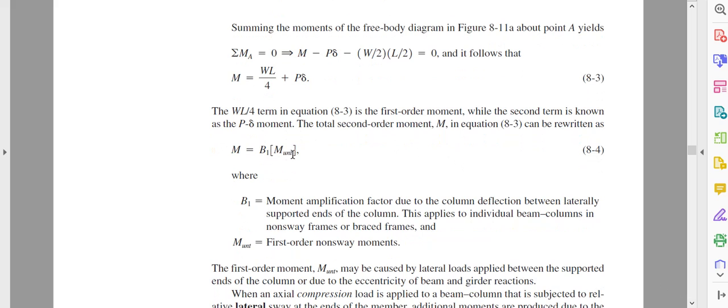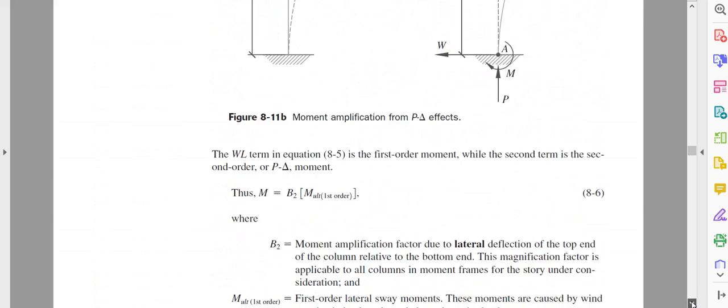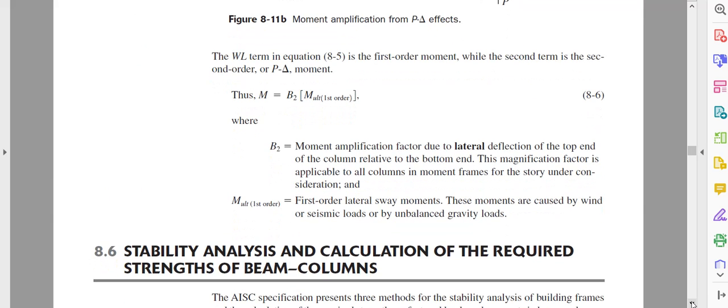NT means no translation, Mu means factored moment. We do not know this portion, so we are multiplying by B1. Maybe on the next page, let us see where B1 is. The next is for B2, if sway is possible or it is a moment frame. But now we are talking only about braced frames.